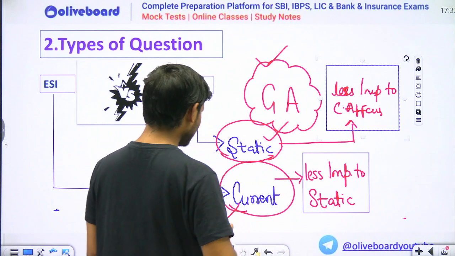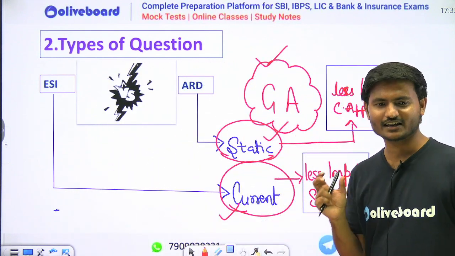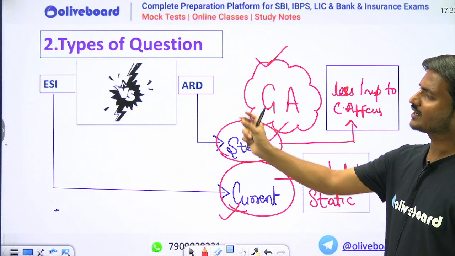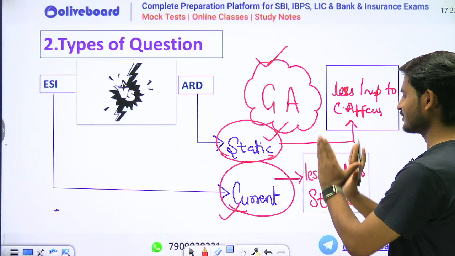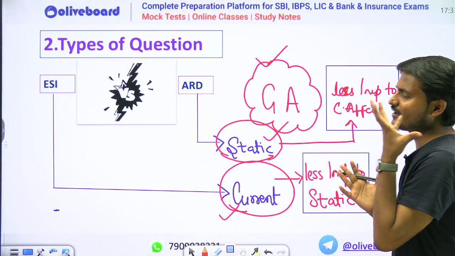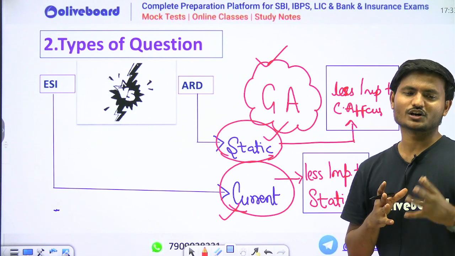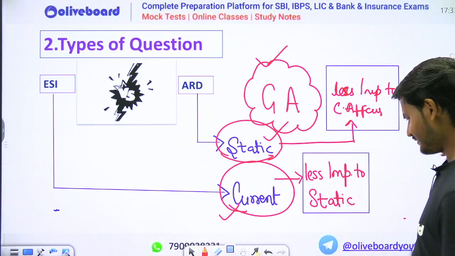While revising, keep this in mind: when learning economic and social issues, focus more on current affairs as compared to static, and when learning ARD, focus more on static as compared to current affairs.